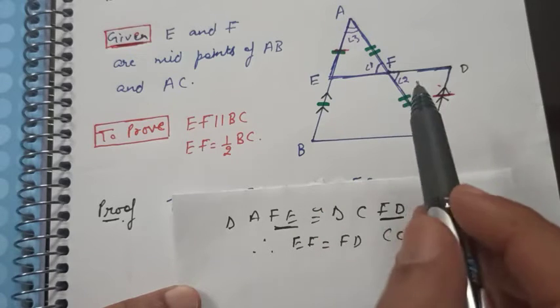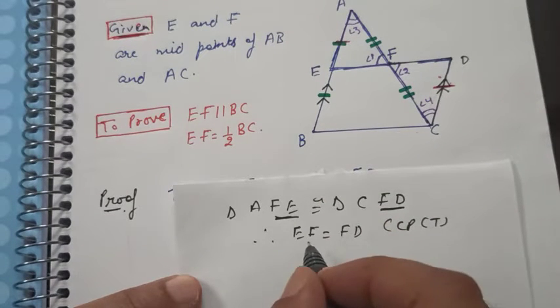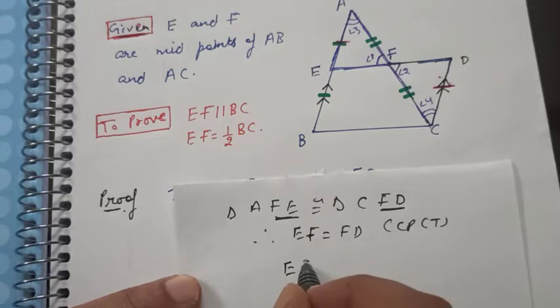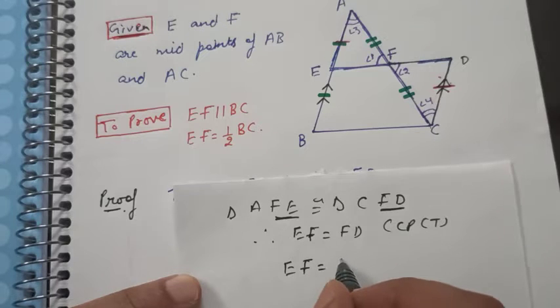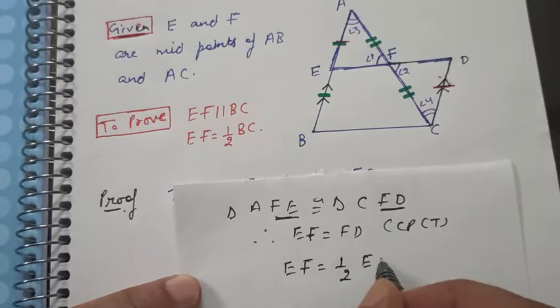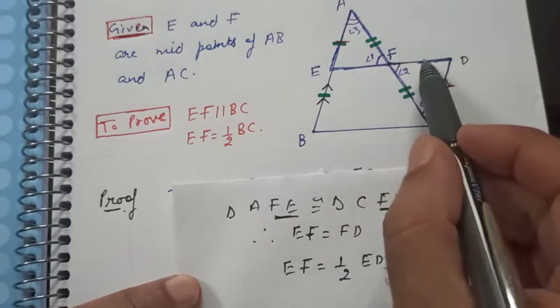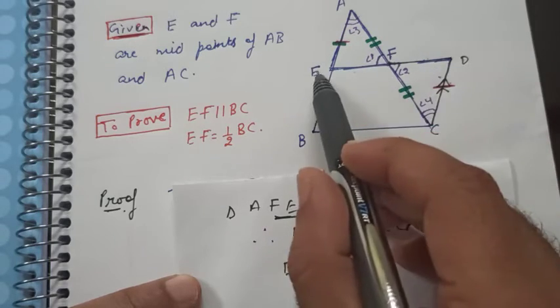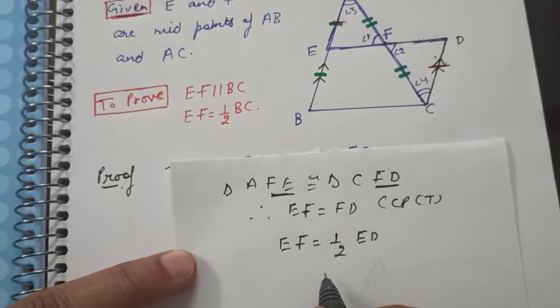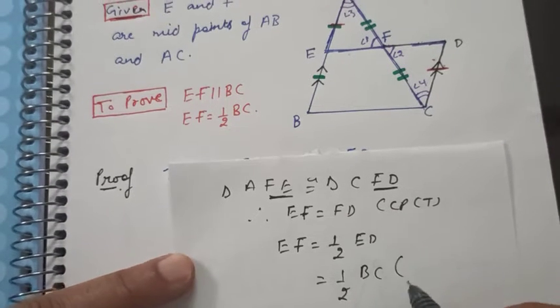Since these triangles are congruent, right? But EF, therefore I can say EF is half of ED. Since both these are equal, so I can say that EF is half of ED, right? And I can also say that EF is half of BC. Why?